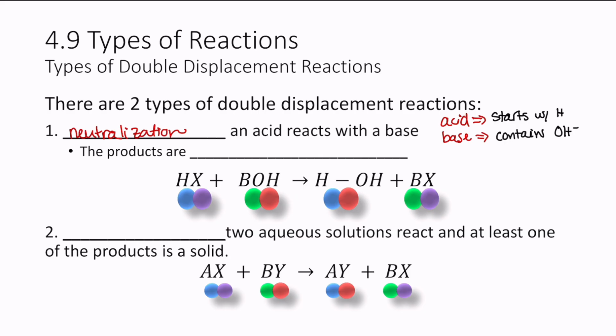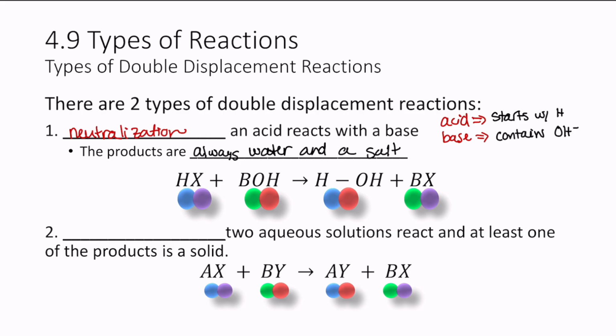When you have a neutralization reaction in a double displacement reaction, the products are always water and a salt. Water and a salt.